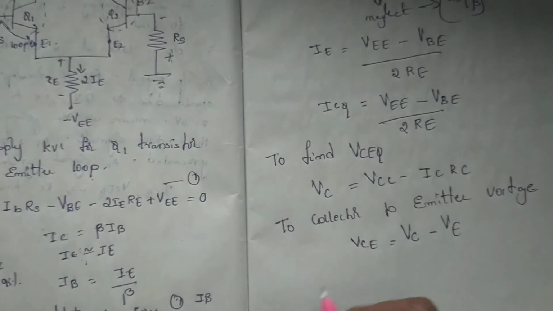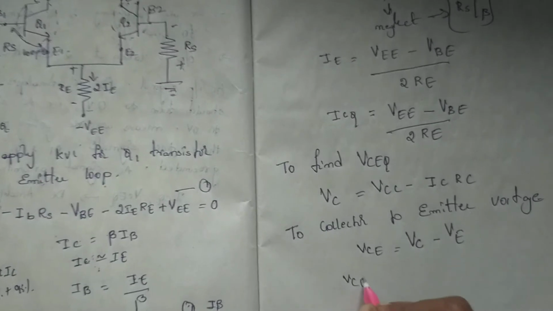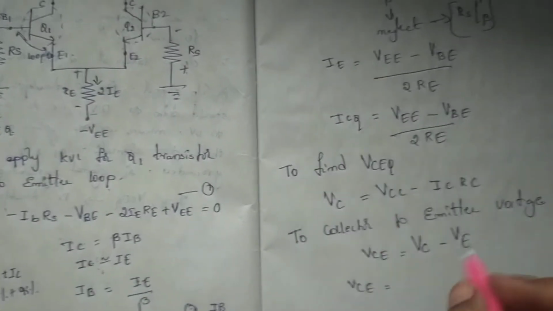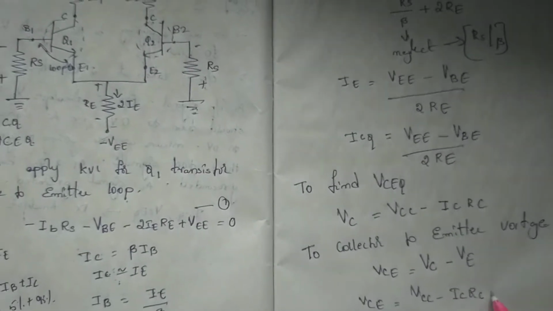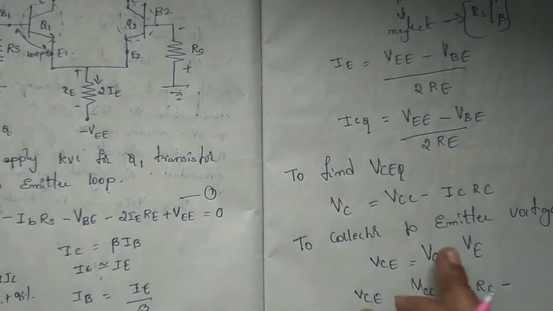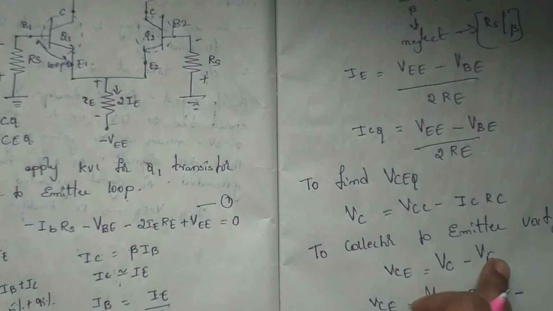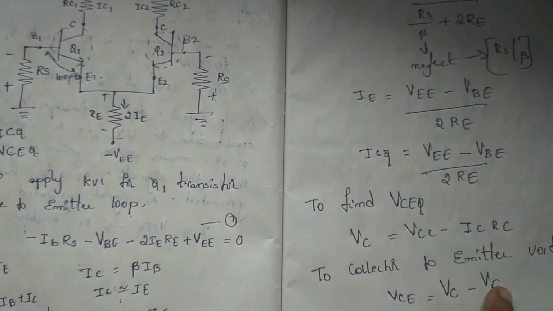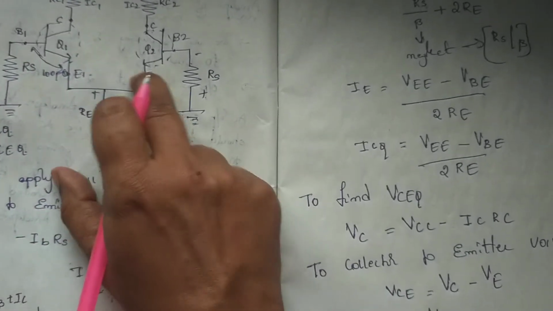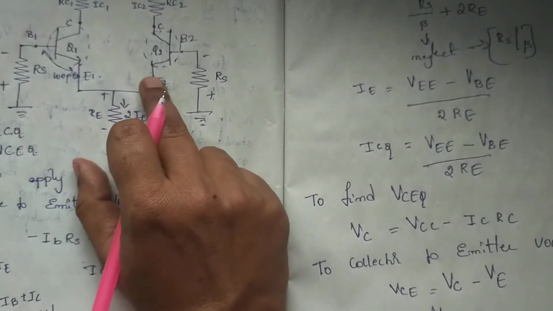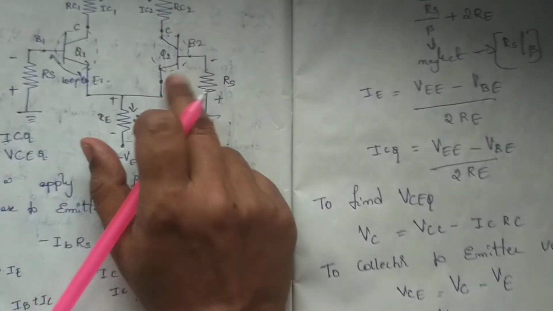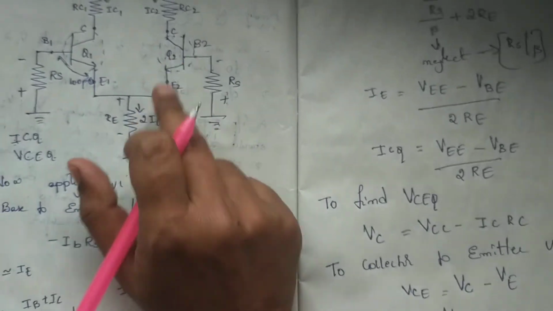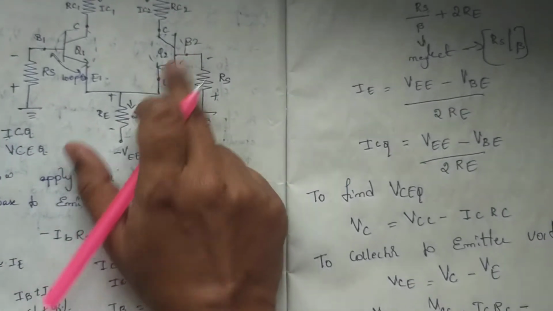Substituting, VCE equals VCC minus ICRC minus VE. What is VE here? VE is nothing but the voltage coming from the base, the emitter voltage.